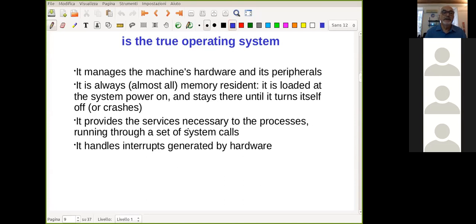So the system calls are another very, very important point. And it handles interrupts. Many system calls refer to interrupts. And we will see the connection between system calls, that seem to be just support to communication, and the hardware. For us, roboticians, it's a very important concept. So I finish now.